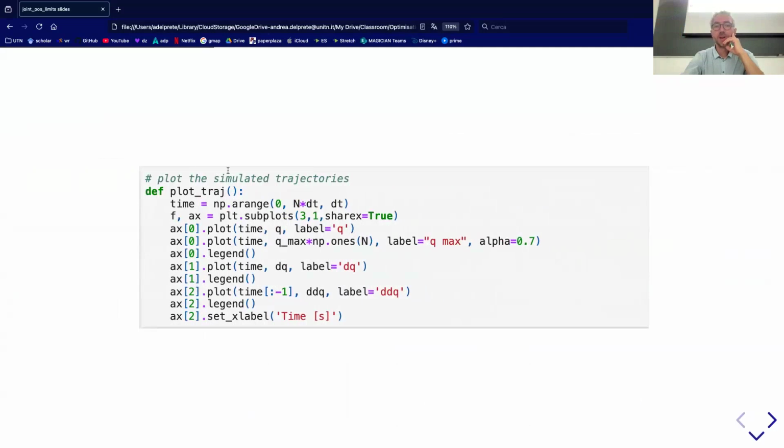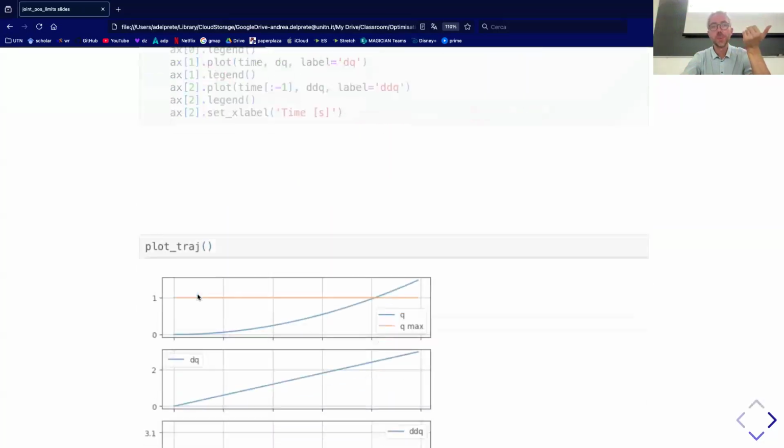Then I've written this function for plotting the trajectories. It's not very interesting, but I just reported it here in case you want to use this code and play with it. It's simply doing the plots.